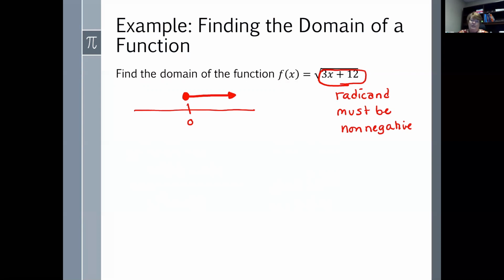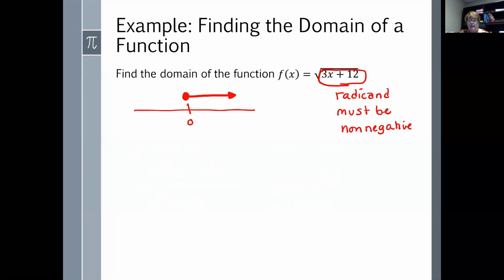So with all that being said, how do I figure out what the domain of this thing is? You're going to take your radicand and you're going to set it greater than or equal to 0. So to find the domain of a function that contains an even root, so a square root, a fourth root, a sixth root, etc., the radicand of that root may not be negative.